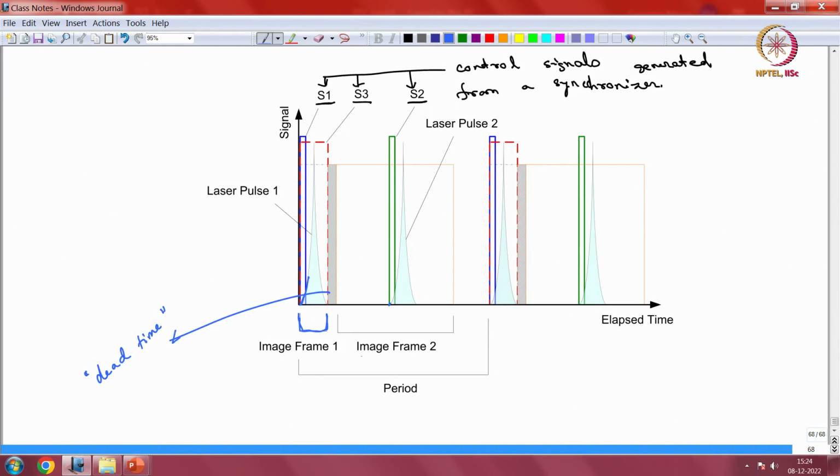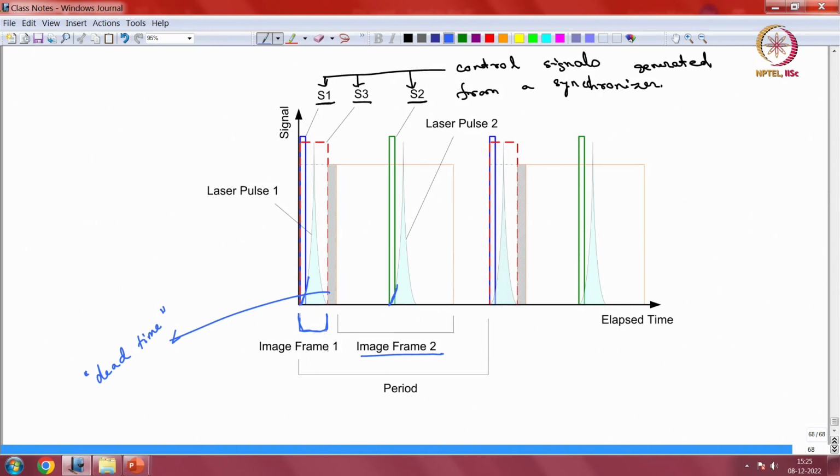After the dead time, the second exposure takes place, so the second image is recorded. The laser is again activated when the second signal starts. So this is the second laser pulse that has been emitted, and the camera takes one more image during this. And so this becomes one full period, and this keeps on repeating again and again, as long as you need to keep on taking images.